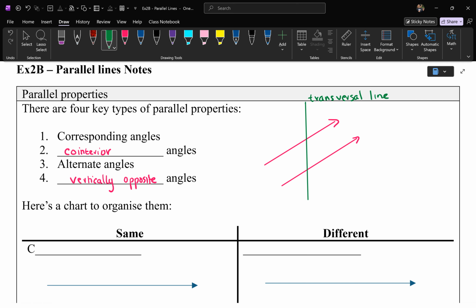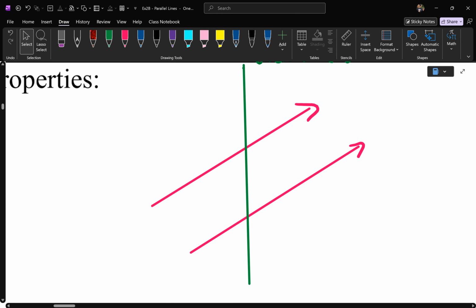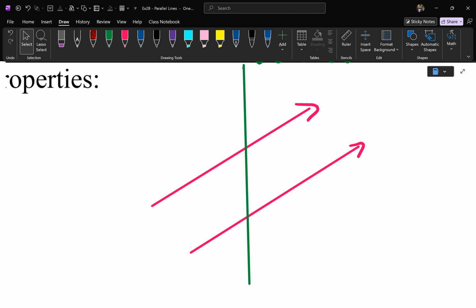Now, when it crosses through, you can see these properties emerging. See, vertically opposite. If I zoom in, see the red line is a straight line. And we know that in a straight line, what's the angle for a straight line again? 180 degrees. So we know that from this point to this point, that arc there, that's a semicircle, it has to be 180 degrees.